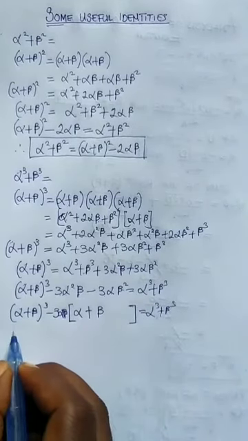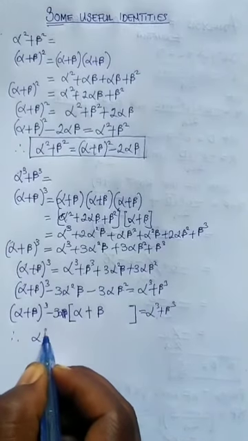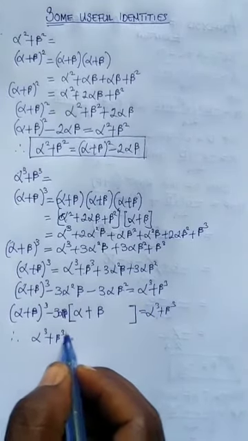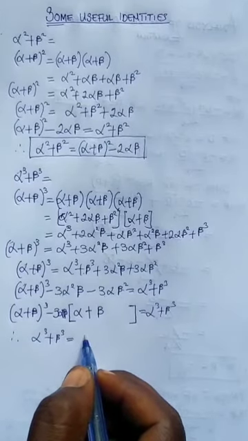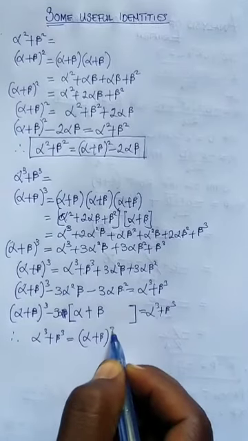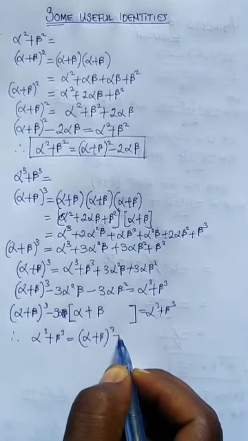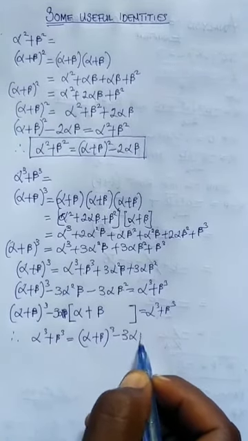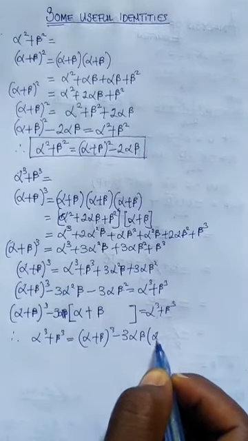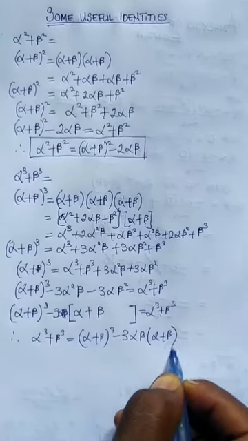So therefore, my alpha cube plus beta cube is equal to alpha plus beta all cube minus 3 alpha beta into brackets alpha plus beta. So this is what we're having.